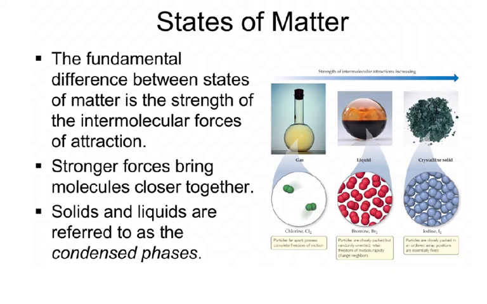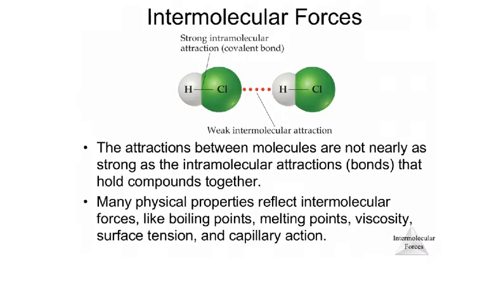These two states of matter are also referred to as condensed phases due to the proximity of the particles to each other. In the gas phase, intermolecular forces are very weak because the particles are very far from each other, and that also allows the freedom that you see with gas particles.